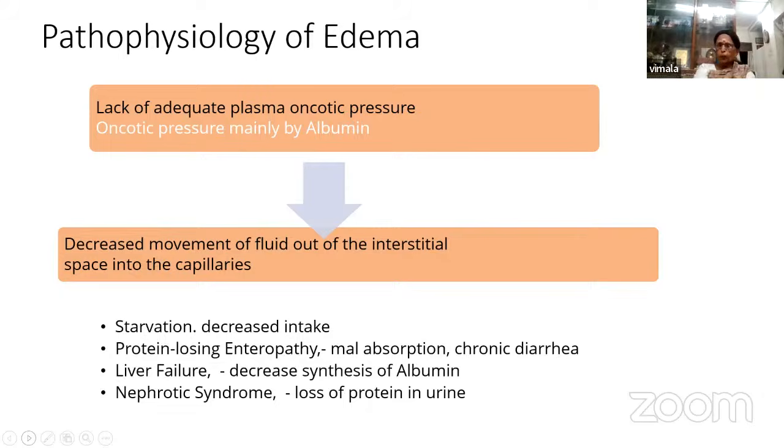So there is a loss of protein in the urine. This leads to loss of protein in serum, so there is decreased albumin that produces decreased oncotic pressure. Fluid stays in the interstitium and gives rise to edema.